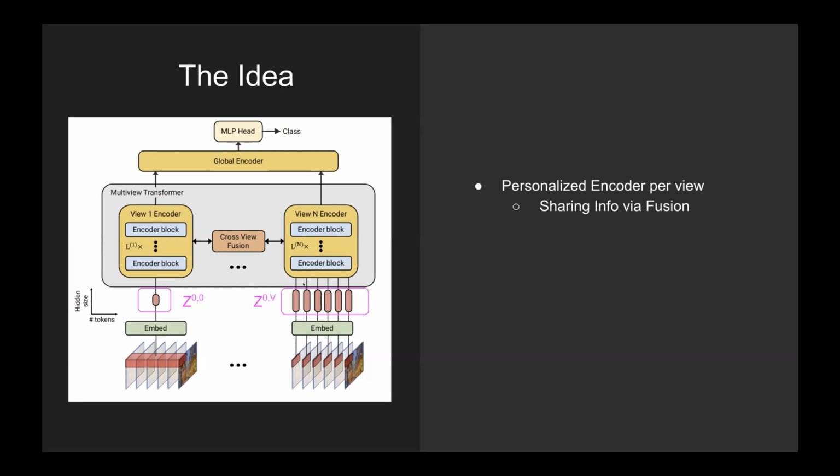As I have said, there will be a separate encoder for each of these views. The multi-view transformer has encoder blocks which are purely transformer based, and this contains only self-attention and not temporal attention, because there is already a global encoder which captures the temporal attention, and also there will be a CrossView Fusion. That's why there is no need for other attention mechanisms rather than only self-attention. And there are L layers in each block.